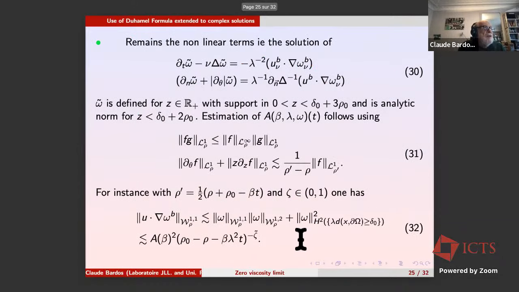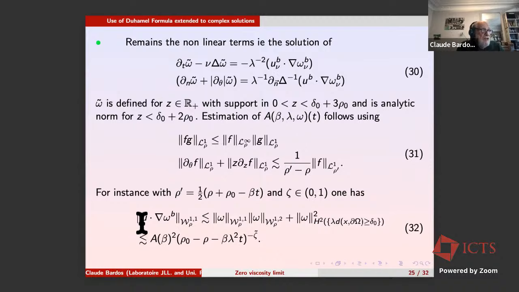I just move down, and then when you have done this estimate for the linearized equation, you can use all the rest on the boundary as a perturbation. And at this point, for the analytic solution near the boundary, you use the classical Cauchy formula between the size of the bound of the solution in the domain and the size of the solution in the bigger domain, with a gain of derivative.